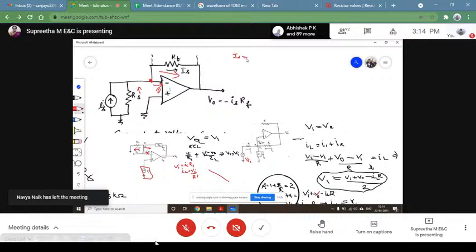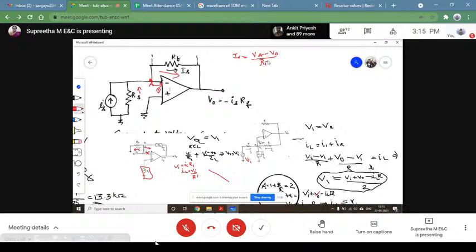Since the current is moving away, I call this node A. So IS is equal to VA minus V0, divided by RF.